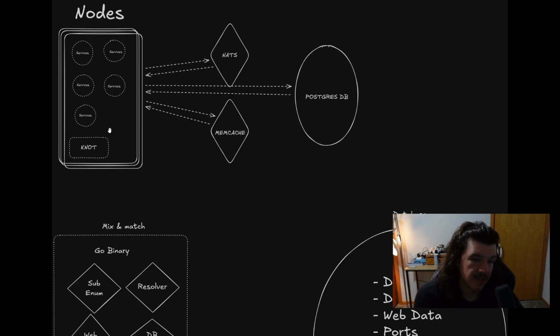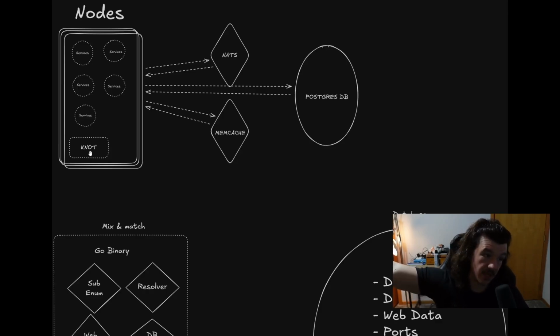The reason for that is that my DNS workers and web workers and stuff all use the local resolver, which I covered in my last video on how I do DNS resolution. That way, whenever a new node comes up, it always has the resolver local, so all of my services can just hit localhost to do the DNS recursive resolution.